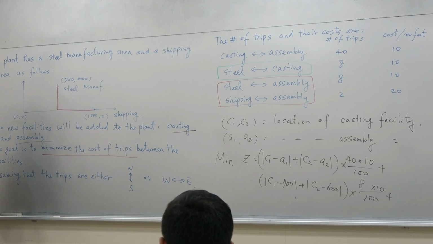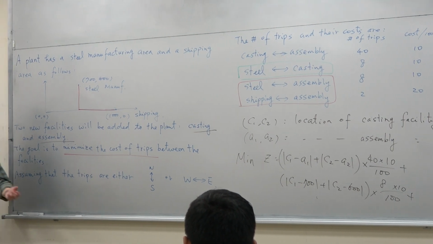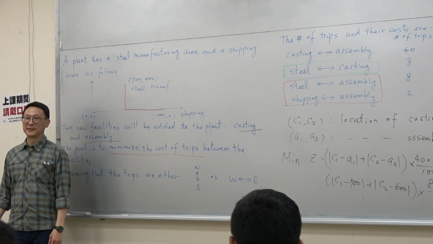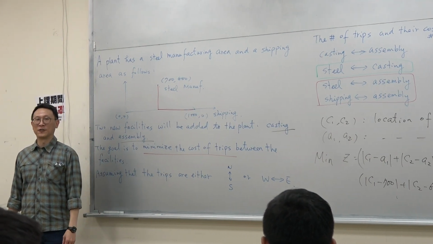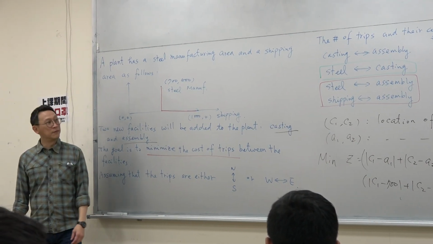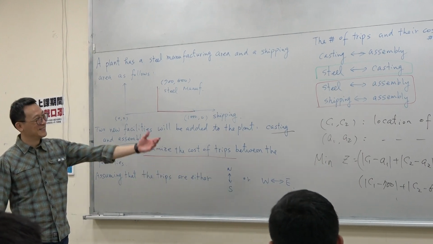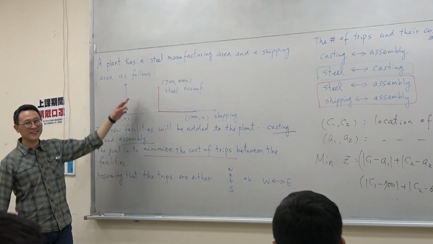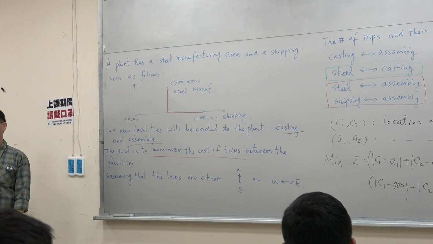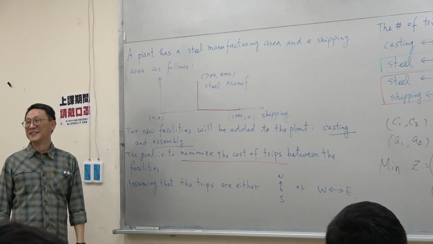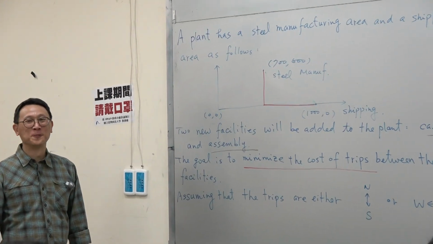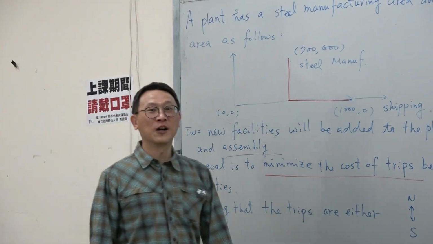But my question is, you didn't answer my question. Do we have any constraints? Can it be negative? Do we need that? No, because it could be in any place, right? So we don't have any constraints.